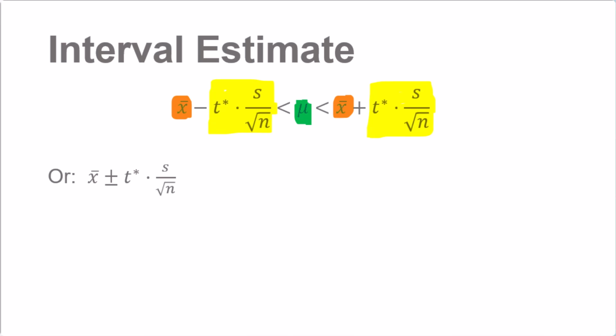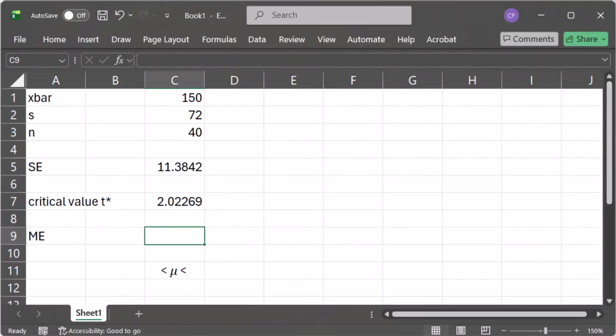So we're taking a multiple of the standard error and we're adding and subtracting this to x bar. We can either write this as an inequality with my minus and my plus on the lower and upper bounds, or you could also write this as a single plus or minus expression with the plus minus written here. I've already got all my sample data. I've already computed the standard error. I've already computed the critical value. I can compute the margin of error here by taking my critical value times the standard error.